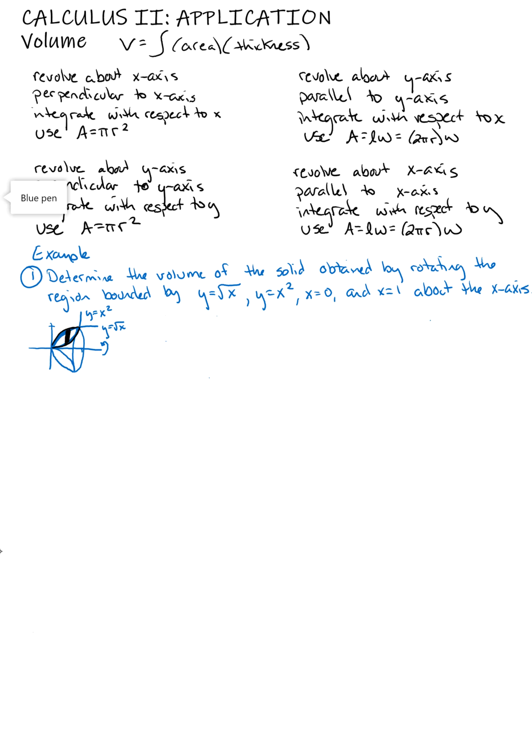All right, so let's see. Looking at that little piece that we're going to analyze, first off, we know that we're revolving about the x-axis. And that little piece that we're looking at is perpendicular to that x-axis.